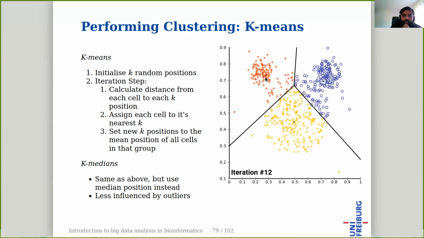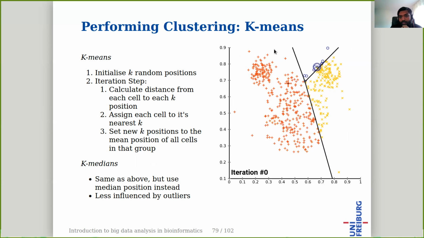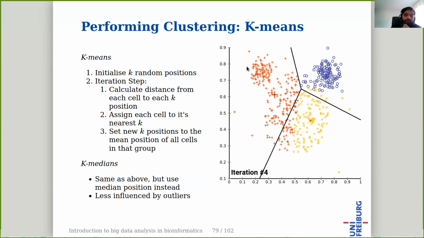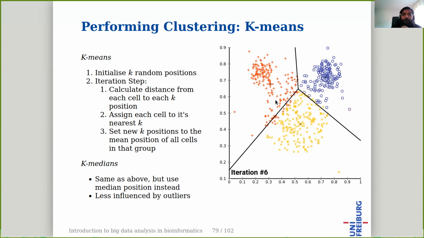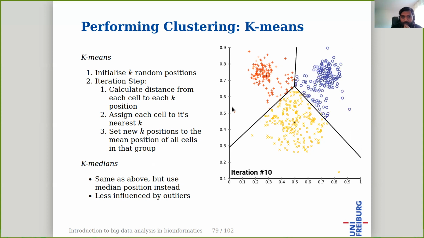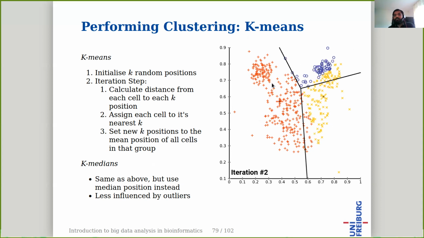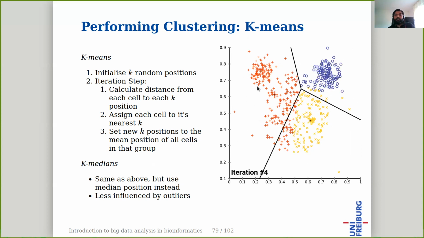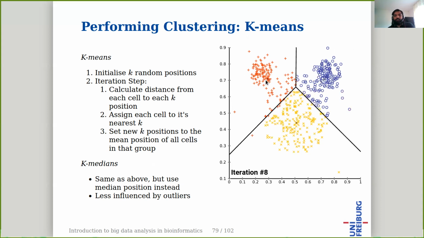And then once we put all these together, colored and grouped by the nearest k, we move our k to the mean position. Now we have all these reds here, which are the nearest ones to this particular k, and we take all their mean positions and move our k to wherever it fits.